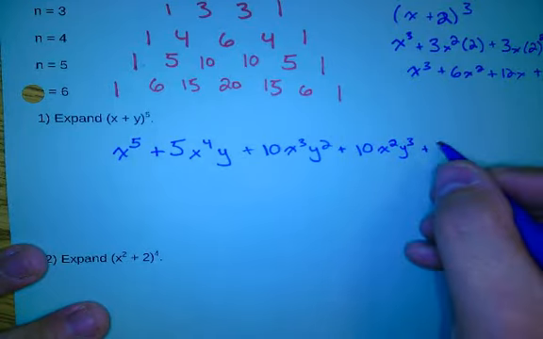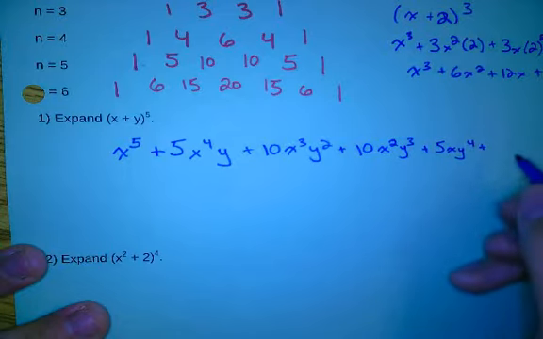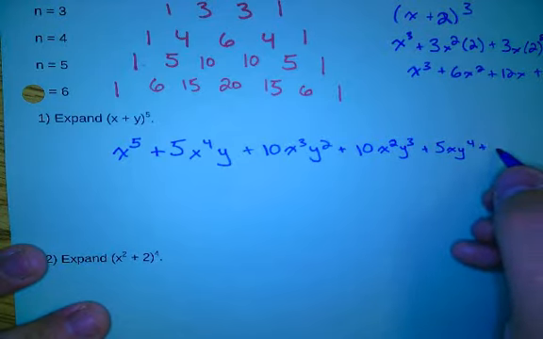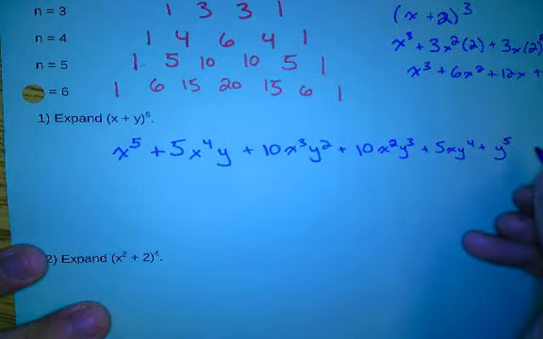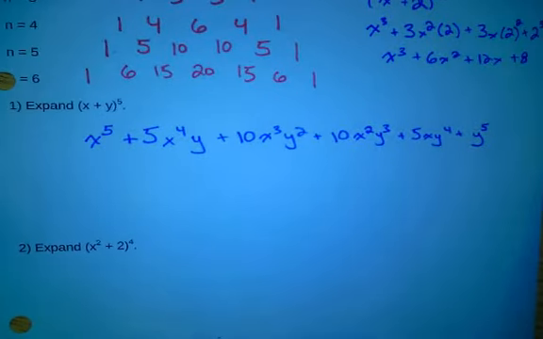Plus. X to the 0, which is 1, and then a 1, which is just 1, and then Y to the 4th. So 1 times 1 times 5, or Y to the 5th, is Y to the 5th. And that's your final answer.